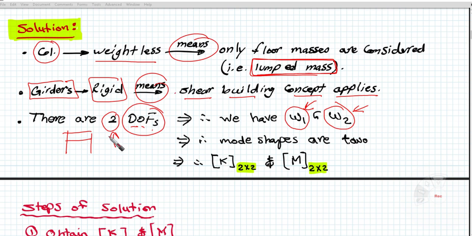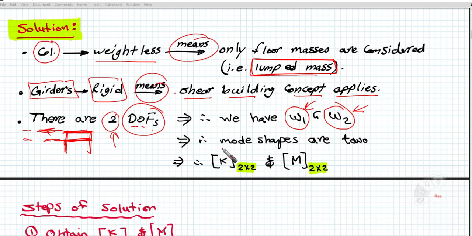But now we understand that we have 2 degrees of freedom, 2 coordinates that the mass can go, and 2 coordinates where we want to observe, record, or report the displacement on the floors of this frame.